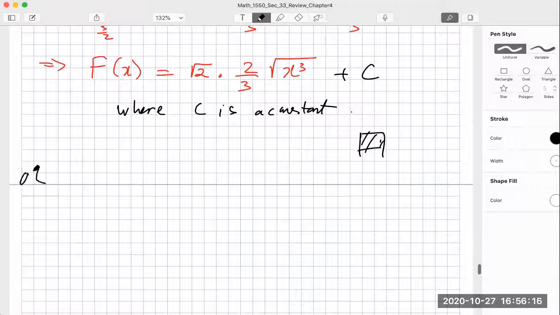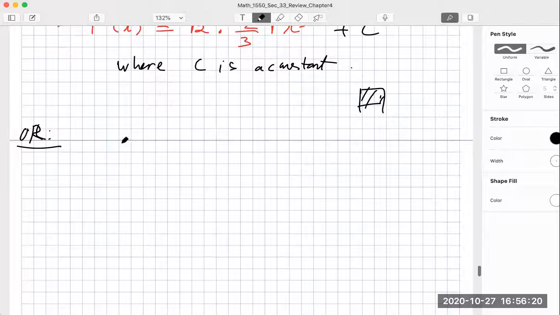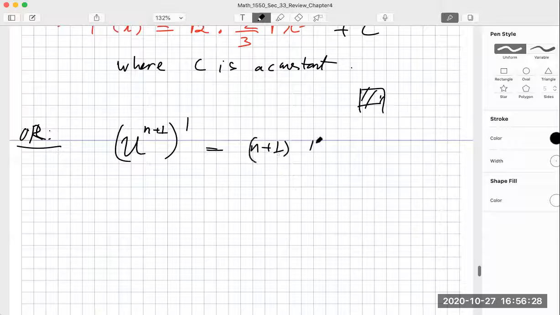Or another way, remember the derivative of u to the n plus 1 will be n plus 1 times u to the n multiplied with u prime, right?